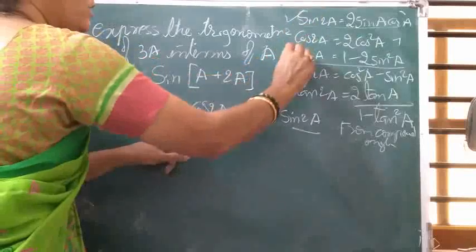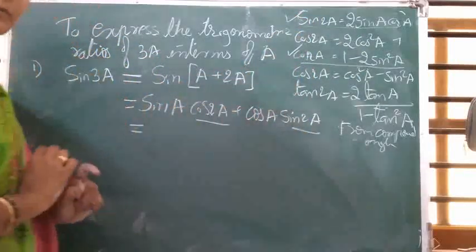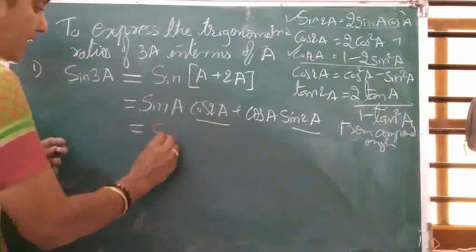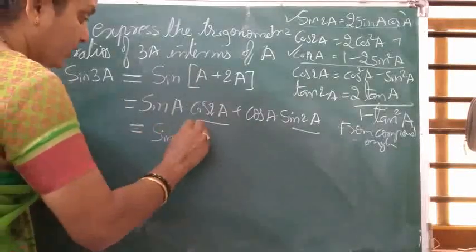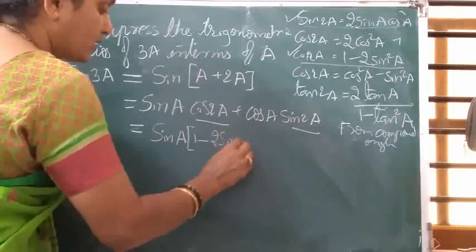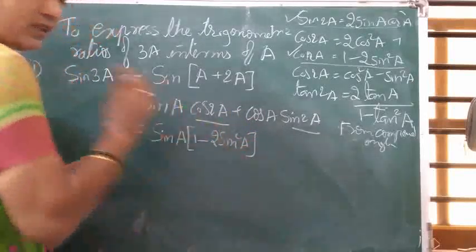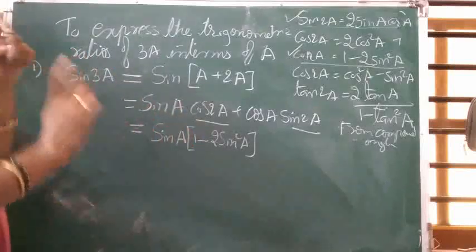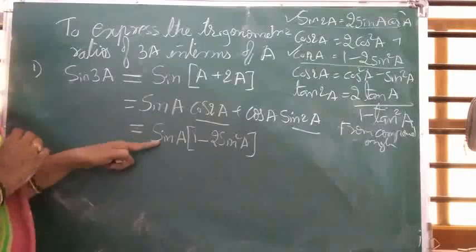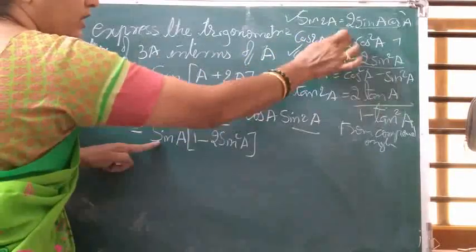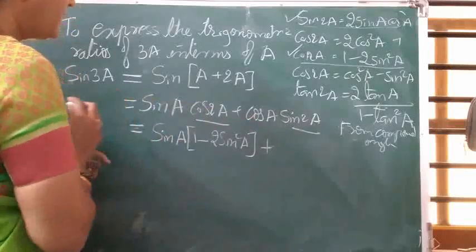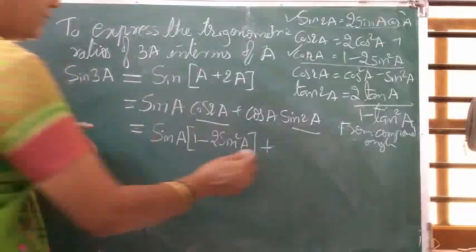Okay, I use these two formulas here and then simplify to get the formula for sin 3a. Sin a into what I can write for cos 2a? It is 1 minus 2 sin square a. It is my preference to take 1 minus 2 sin square a because I want to express sin 3a only in terms of sin. That's why I have not used these two formulas. Okay, then plus there is cos a here.